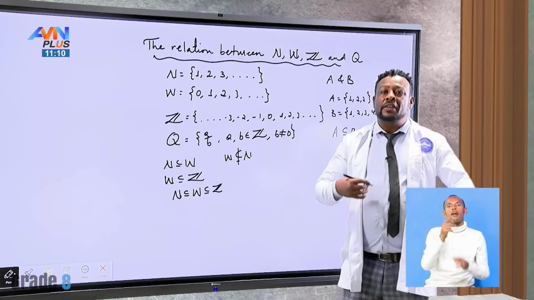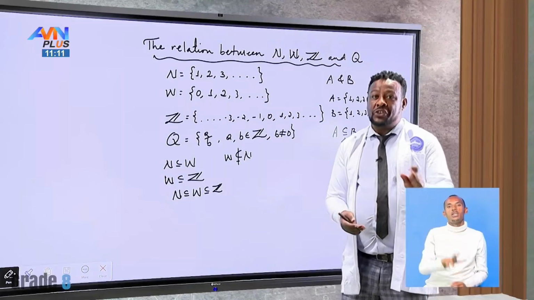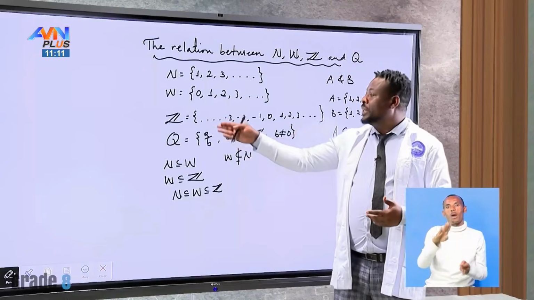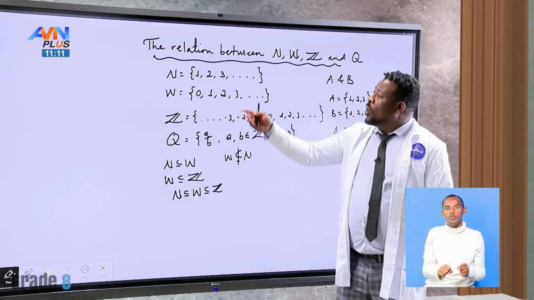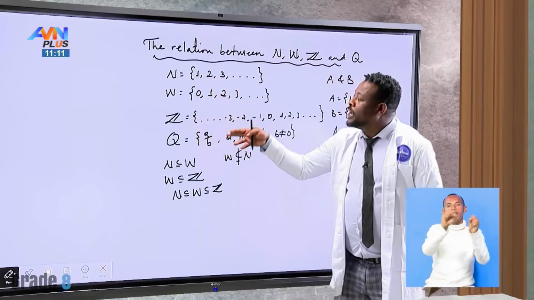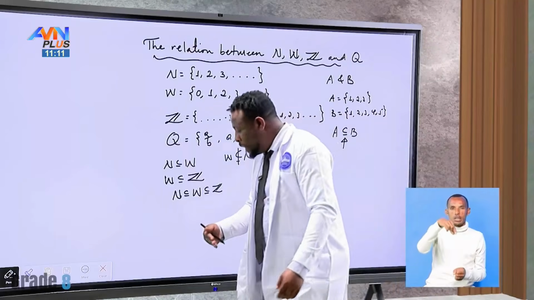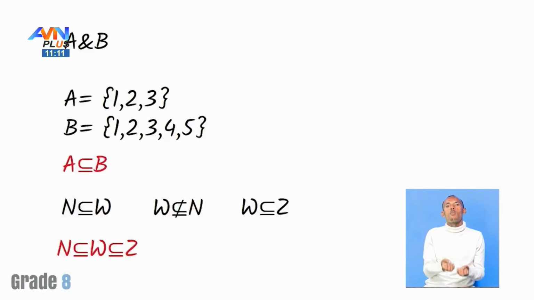There are different ways to represent 3. 3 can be written in infinitely many different ways by writing it in fractional form, right? So all these 3 sets are included in the set of rational numbers.